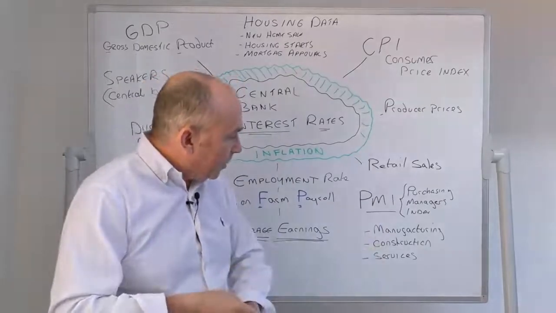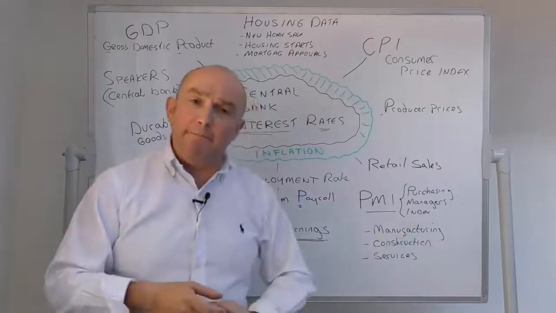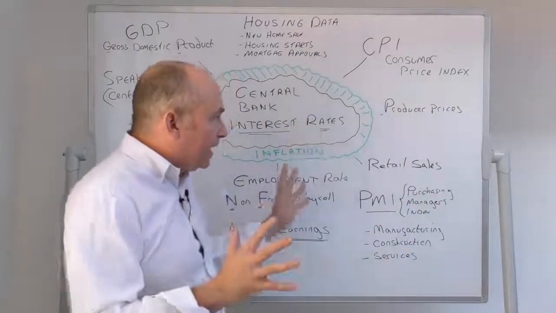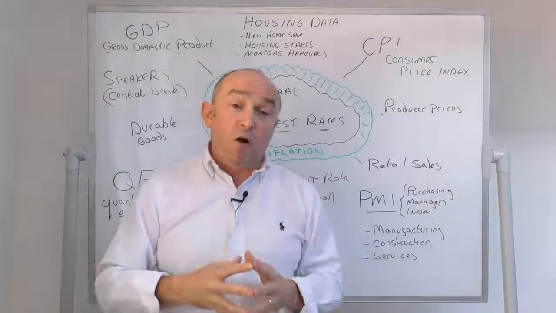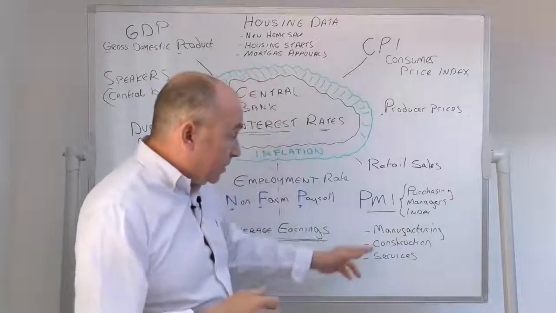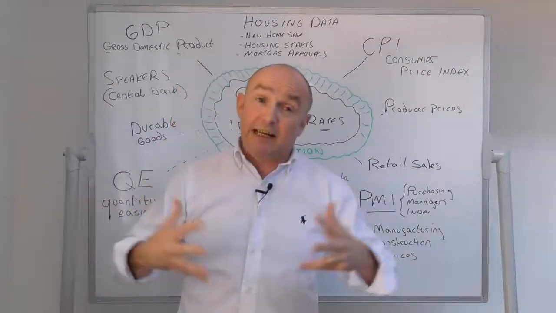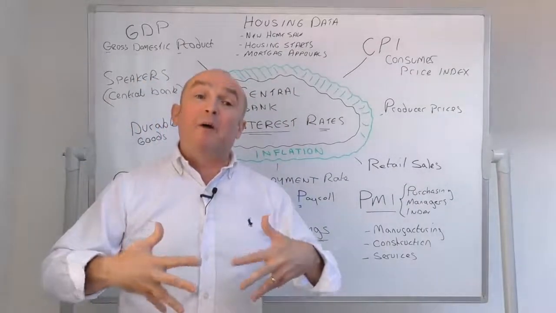Now, another indicator we look at is called the PMI, and it stands for the Purchasing Managers Index. Now, the PMI indicators are slightly different than the other indicators in that they are leading indicators. It's basically a survey of business leaders in the different sectors, the manufacturing, the construction and the services. They basically do a survey of these business managers and ask them about their outlook.